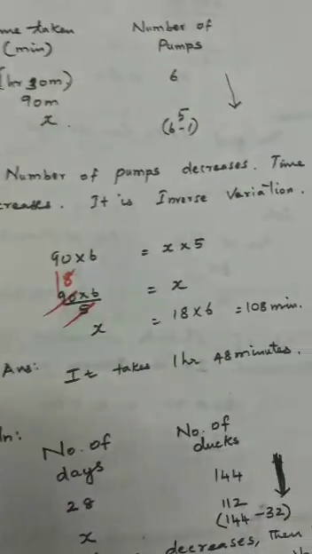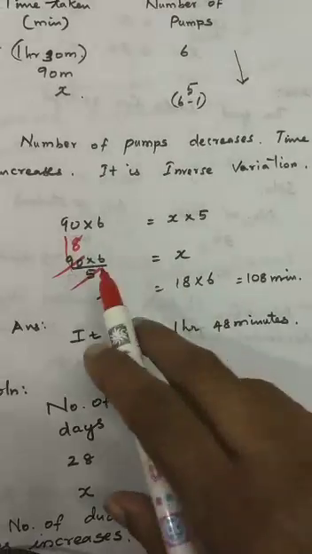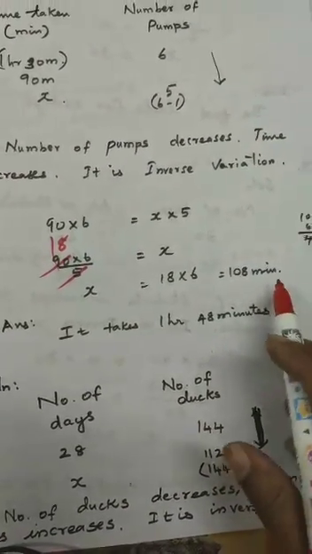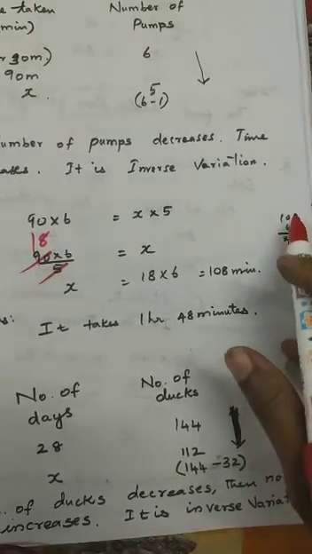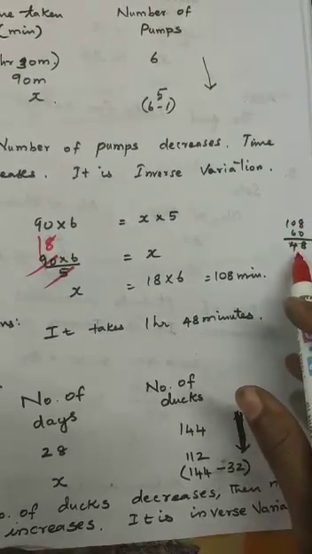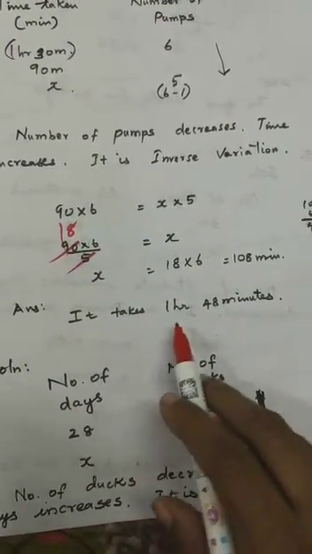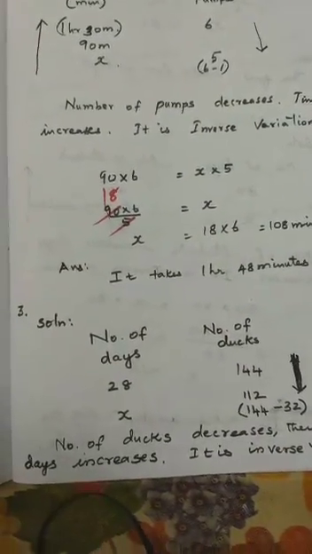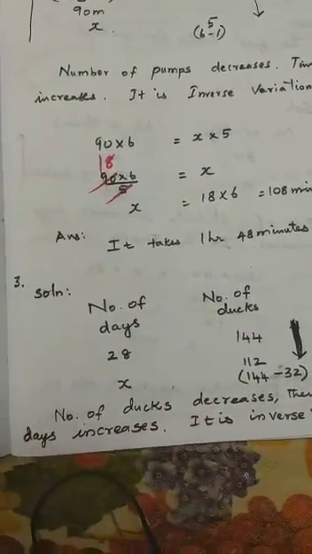So 8 5s are 40. So 18 6s are 108 minutes. 60 minutes is 1 hour, isn't it? So subtract 60, remaining is 48 minutes. So it takes 1 hour 48 minutes. Have you understood? Okay, we shall move to the third sum.